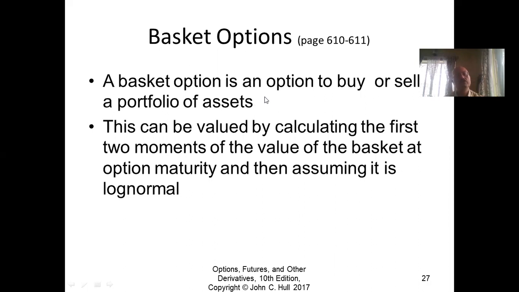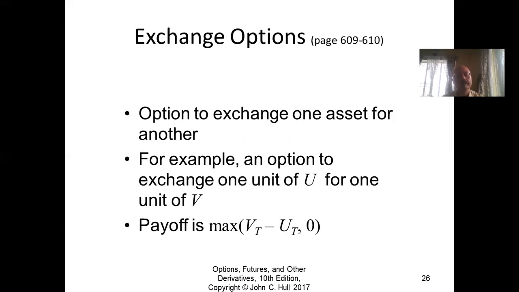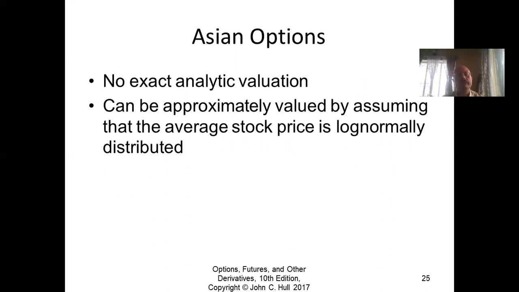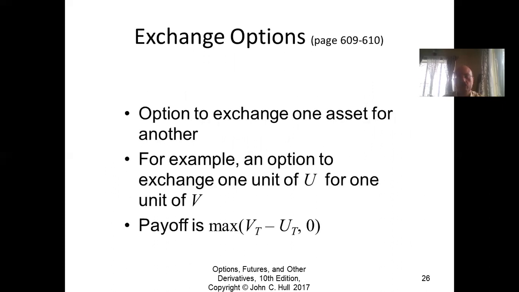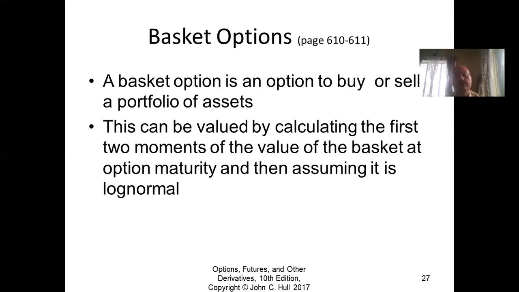So we do an approximation, assuming that, and we calculate the first two moments of the value of the basket. It's the same problem as the Asian option, because the exact log normality is no longer true, but we make that assumption to find an analytical expression for the price.